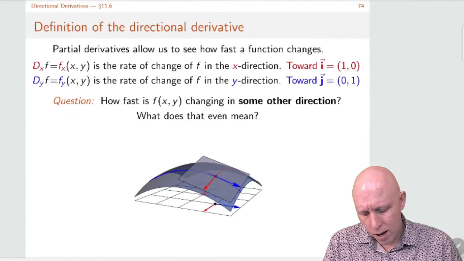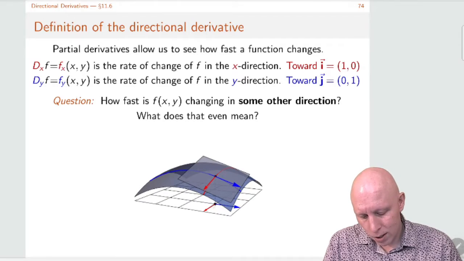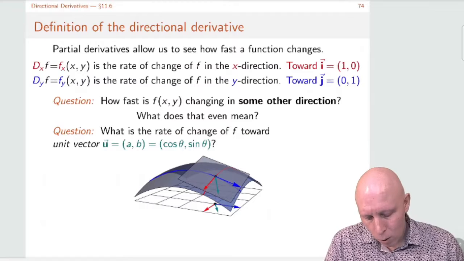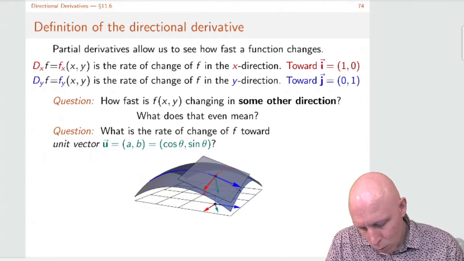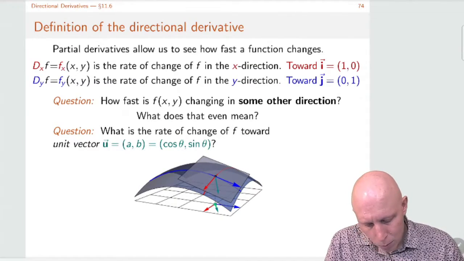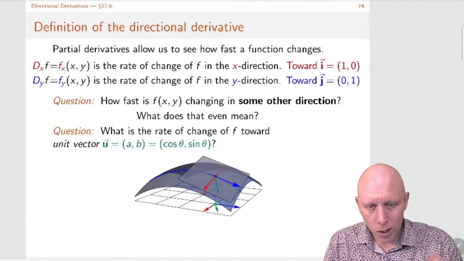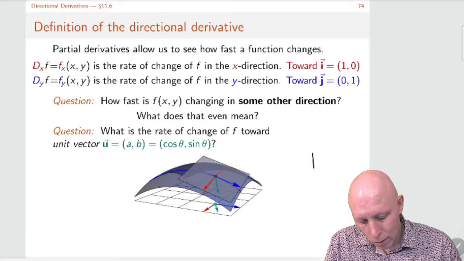So if we're here at our point, (a, b), and we want to walk in some other direction, well, that means that we have to walk from our point. Let's draw a second picture here, because we're dealing here in 3 dimensions, but I think it's really helpful to be thinking about what we're doing.